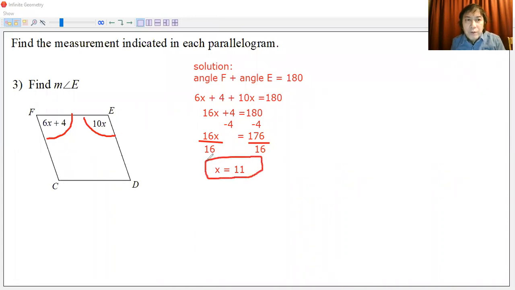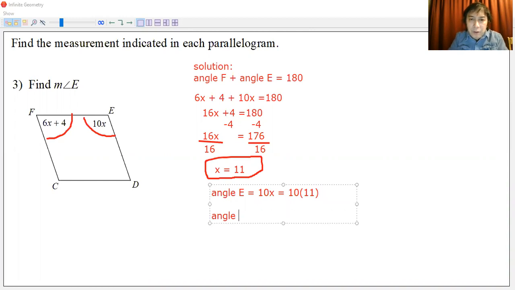We're going to solve now for E. Angle E is 10x, and this means 10 times 11, and we have 110.